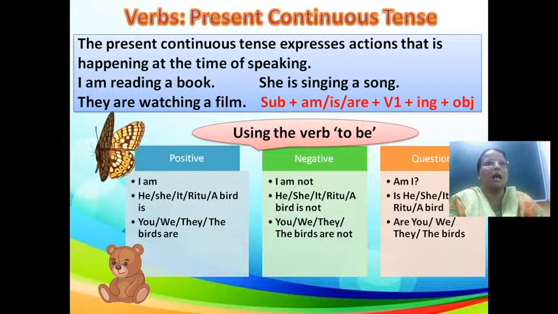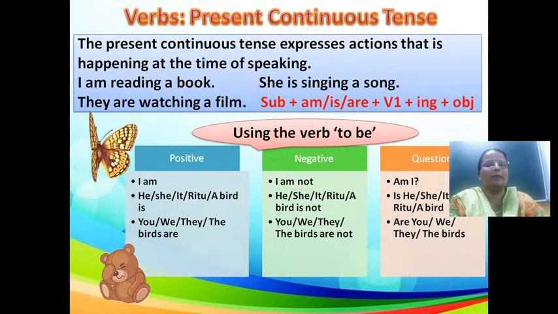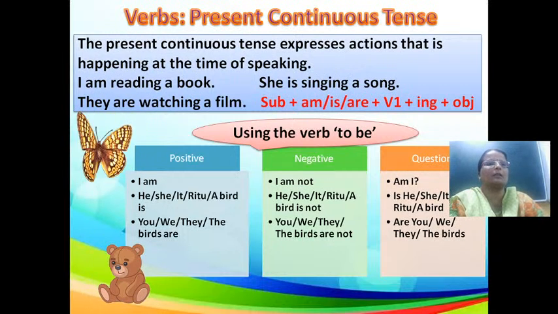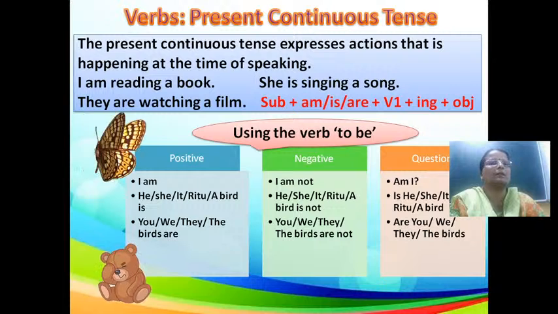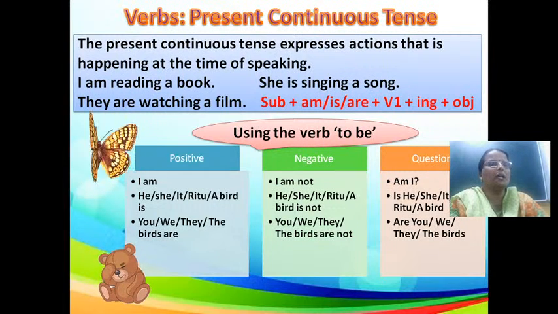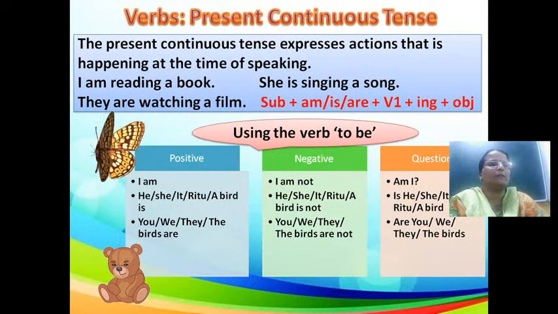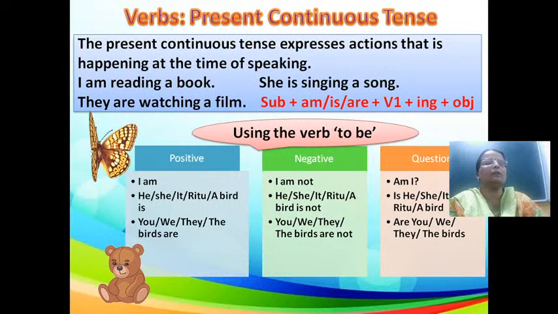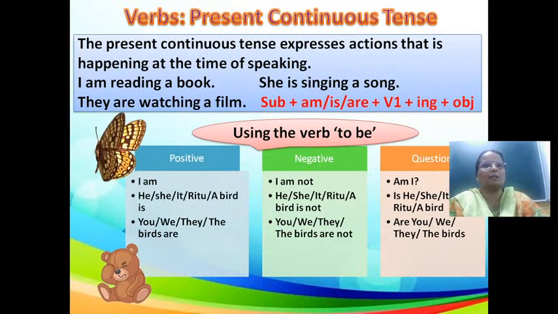Remember, we use am only with the I. Okay, and we use is with all the third person singulars. What are the third person singulars? He, she, it, Aryan, Harsh, Hrudaya, Akansha, etc. Or it can be a dog, a monkey, etc.